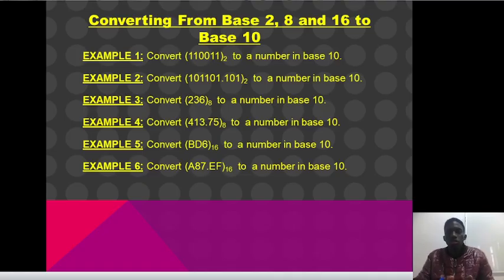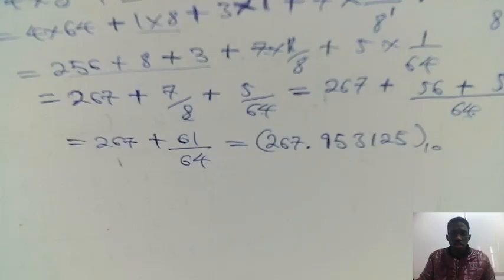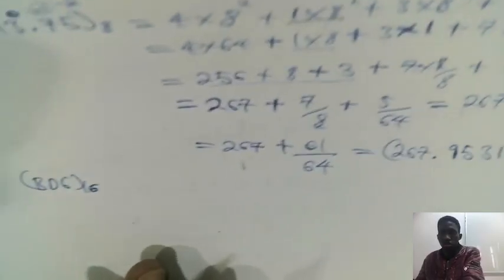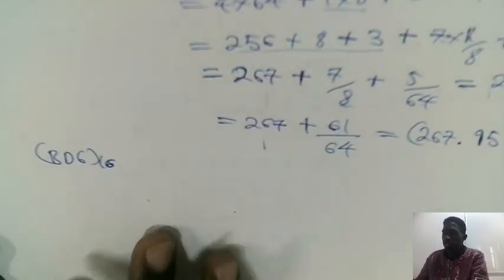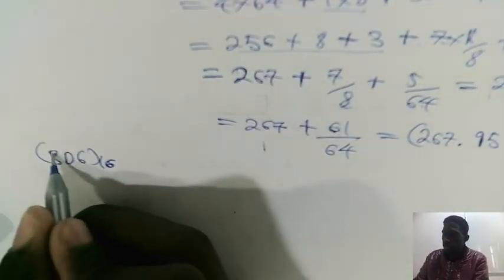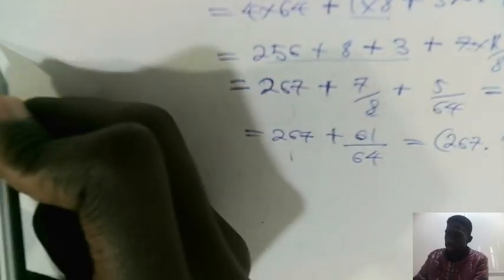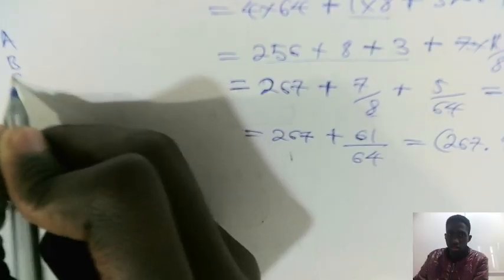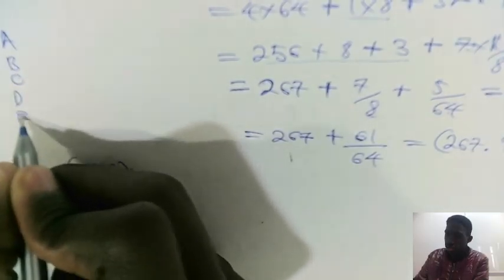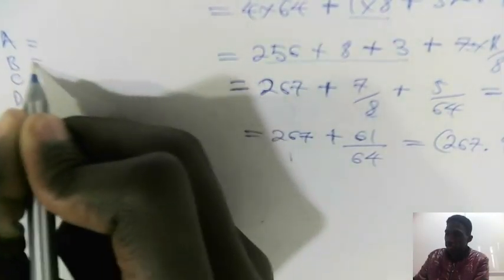The only thing that might be new is B and D. This is how we're going to tackle it. We know that B and D represent numbers, so let's list them: A, B, C, D, E, and F.